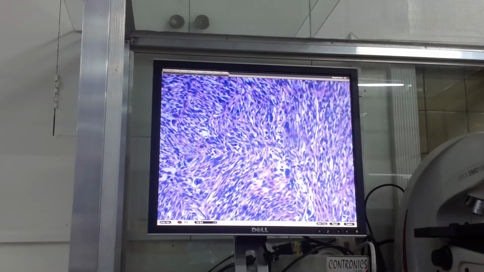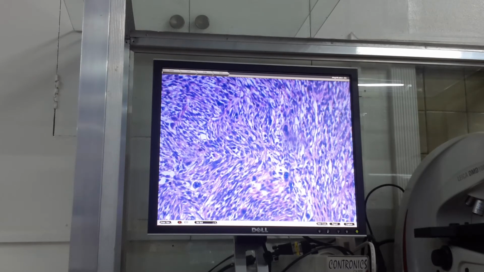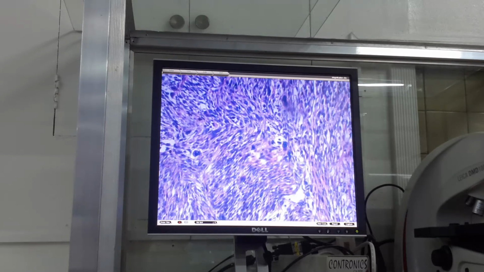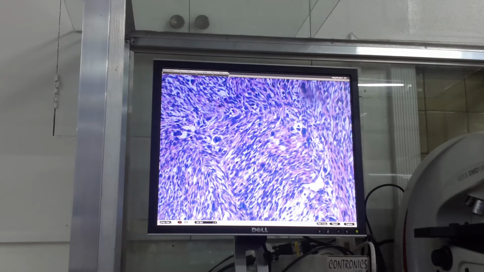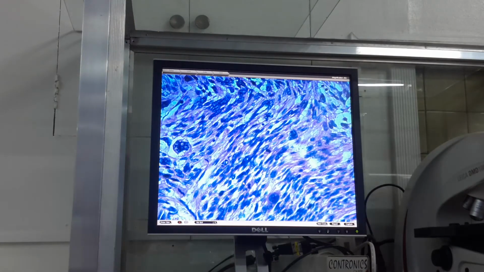You see here a mitotic figure. Dalawa pa nga, magkatabi. Look, mitotic figure, metaphase. Bizarre mitotic figure.